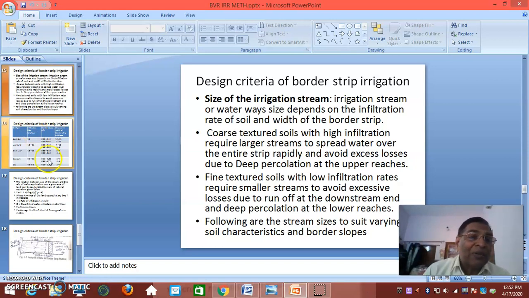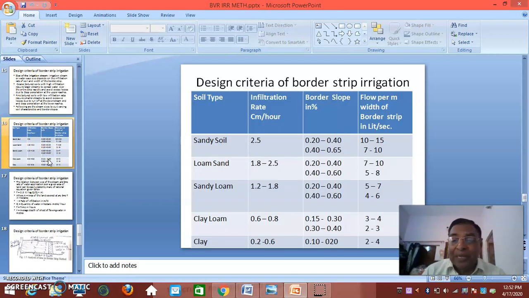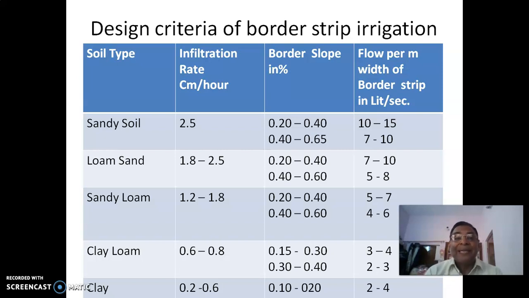The next table will give you the total picture. You can see sandy soils, with infiltration rates given in this column, soil types given in this column, and border slopes also given in this column. Then how much is the size of the supplying channel, I mean the discharge, in liters per second.